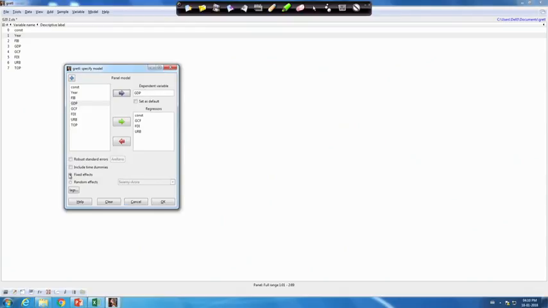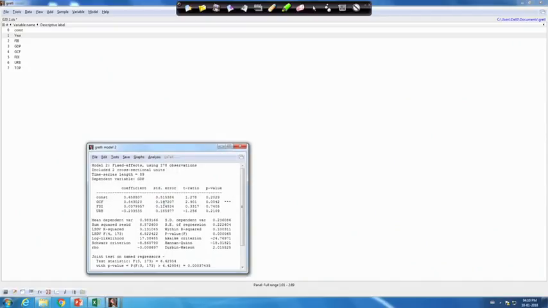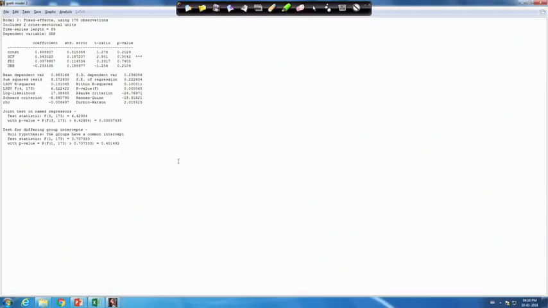Okay. So, now we have the option here, fixed effect model, and just put OK, then the output box is coming here and you see here. In the fixed effect model, similar kinds of results are coming, and again the first variable is coming significant, while the second variable and third variable are not coming significant.